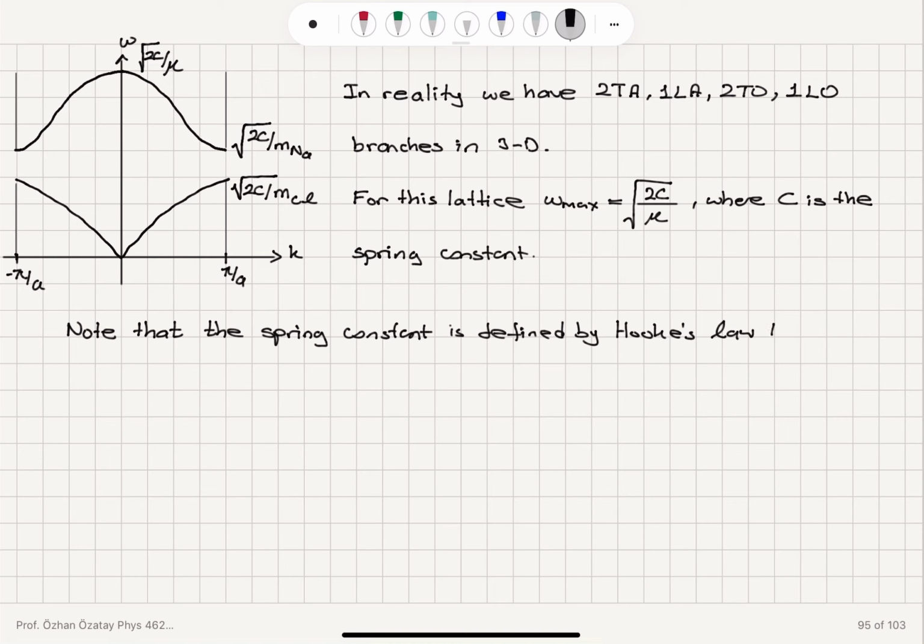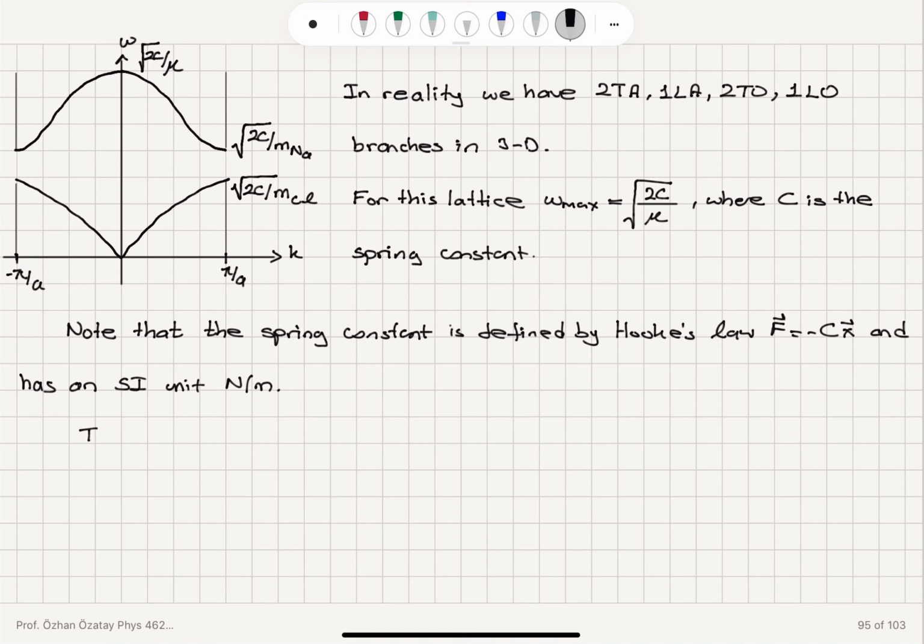The restoring force is equal to minus the spring constant times the displacement from equilibrium, and it has an SI unit of newtons per meter.